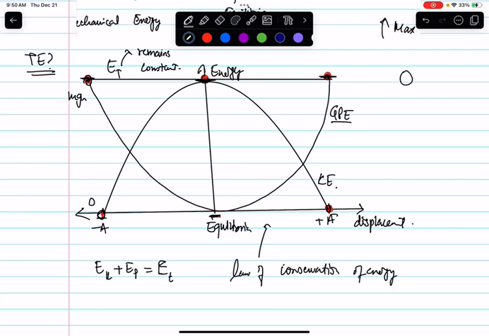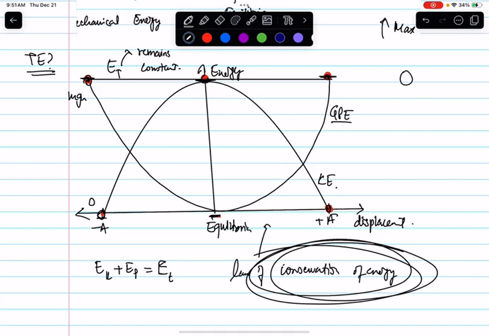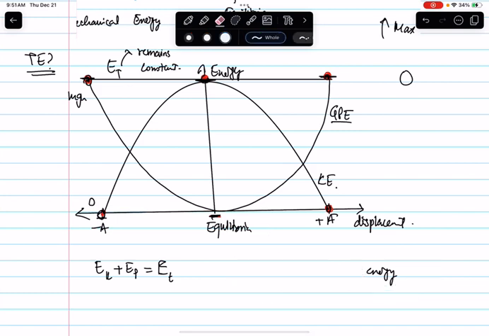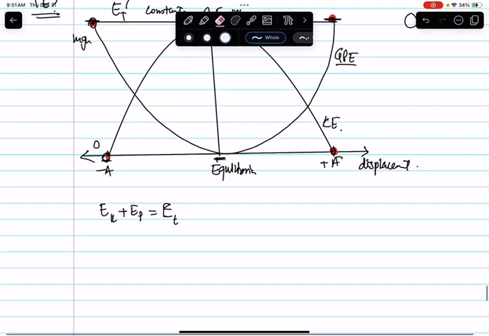You're not making any new energy in the system. The energy is just transforming from gravitational potential energy to kinetic energy and vice versa. Because of that, the energy in the system stays constant, which is why there is conservation of energy.